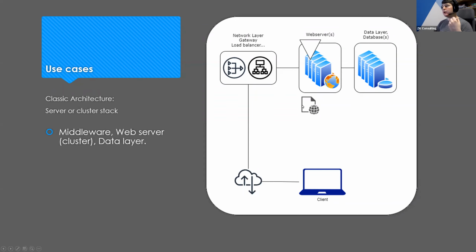If we do a quick review of the attributes of this architecture, we're going to see the 3 layers that I was mentioning in the beginning. First, your middleware, all of your network stuff, your gateway, your load balancer, your proxy. Then your web servers, either single or cluster, and then your data layer.